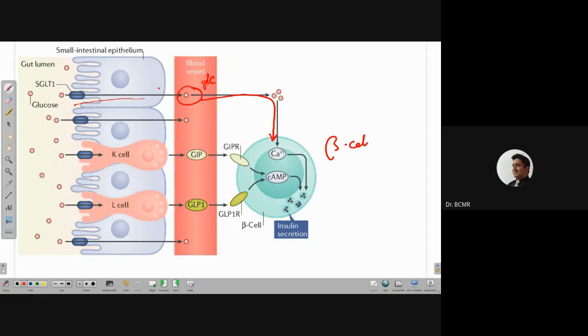This is in the pancreas. Just for the figure's sake, they have put it like this, but otherwise, it is sensed by the pancreas: increase in cytoplasmic calcium ions, and release of insulin. Right? There are also other ways of how things happen. This is the K cell, the enteroendocrine cell that we are talking about.